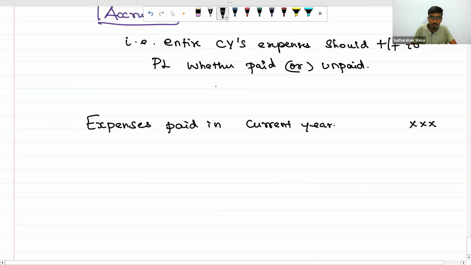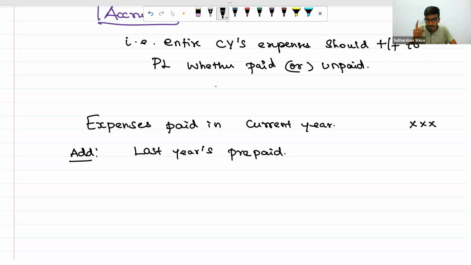To this, we will add last year's prepaid, because it is not related to the current year. That is, in brackets, paid in last year but related to current year. So it is related to the current year, and I am going to add it.